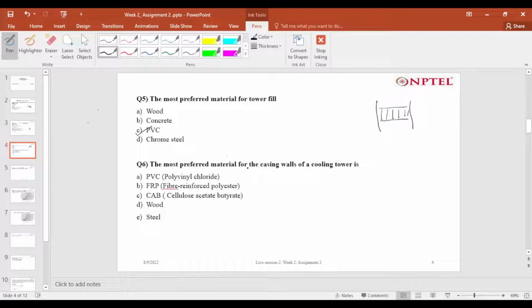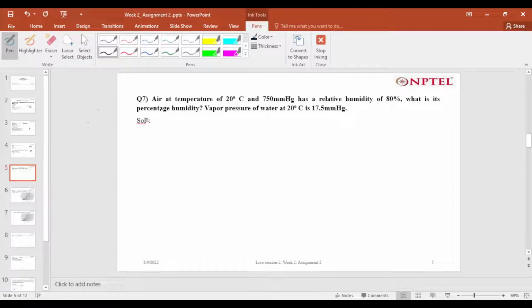Now this is a numerical one. Keep a calculator with you to solve these numericals and follow me. Question 7: air at a temperature of 20 degrees Celsius and 750 mmHg has a relative humidity of 80%. What is its percentage humidity? The vapor pressure of water at 20 degrees Celsius is 17.5 mmHg.